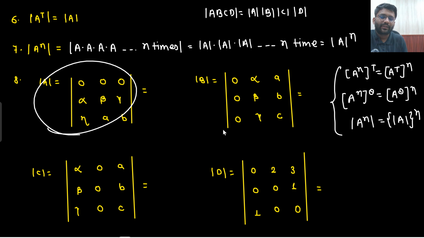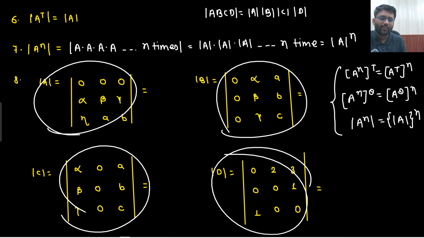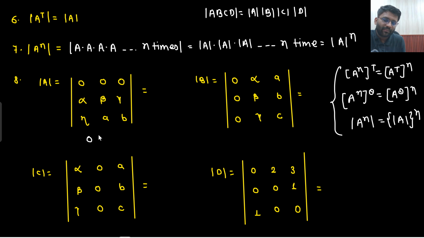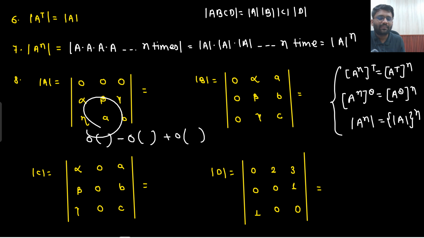Find out the determinant of these matrices. What will be the determinant? I will calculate the determinant with respect to row 1 here. So 0 multiply with something, minus 0 multiply with something, plus 0 multiply with something. Whatever that is being multiplied, do I care about it? No, because this row is 0.